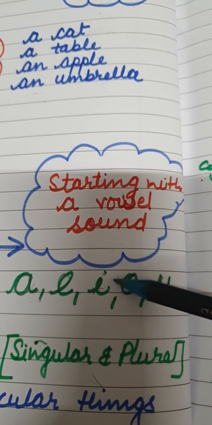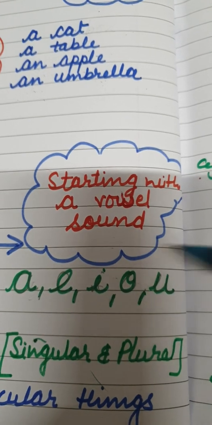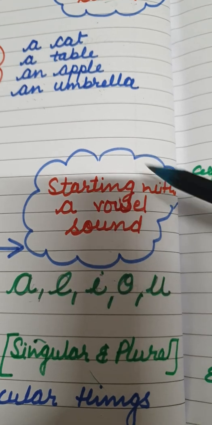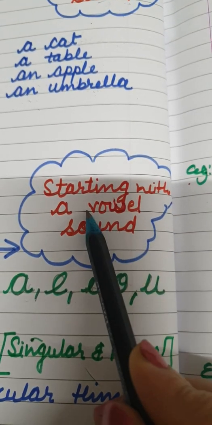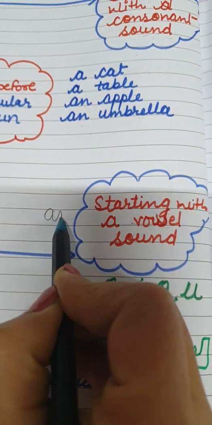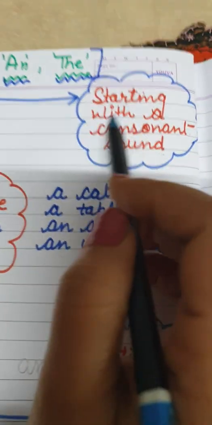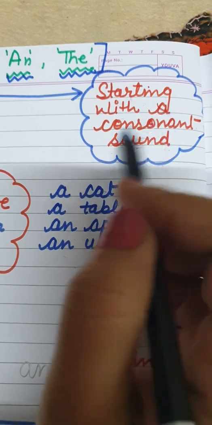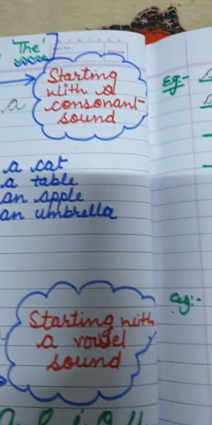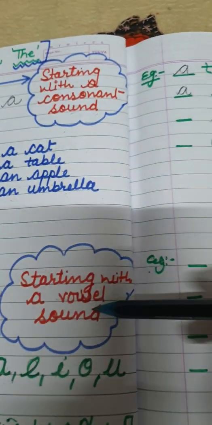So all the singular nouns which are starting with the sound of a vowel, we will use what? An. And all the singular nouns which are starting with a consonant sound, we are going to use a. So let's see a few examples.